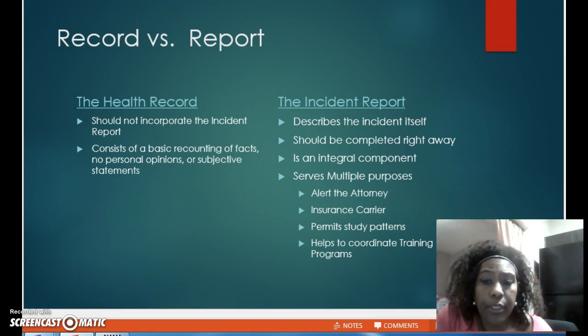So it alerts the attorney and the insurance carrier just to kind of put them on standby. It permits study of patterns, and it helps to coordinate training programs. So the actual incident report does a lot of things, not just alerting, but it does help to study patterns, and it also helps to facilitate some type of training so that issues don't happen again.